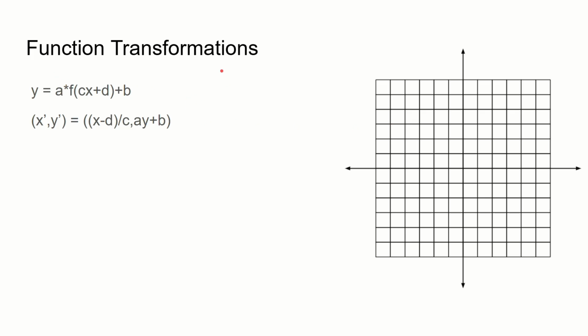So if we have some original function, y is equal to f of x, so y is some function of x, but then we want some transformation of that. On the outside, we can multiply by numbers and add numbers. And on the inside, we could multiply and add, or multiply and subtract, or divide and subtract, or whatever we want to do.